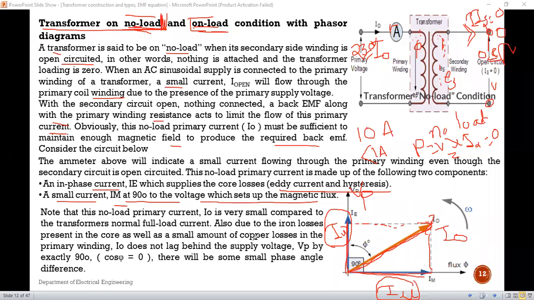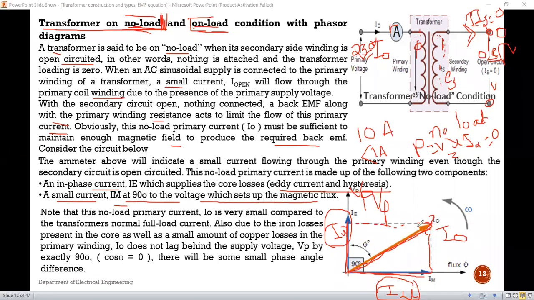So there will be some small phase angle difference. Here, this is the applied primary voltage.